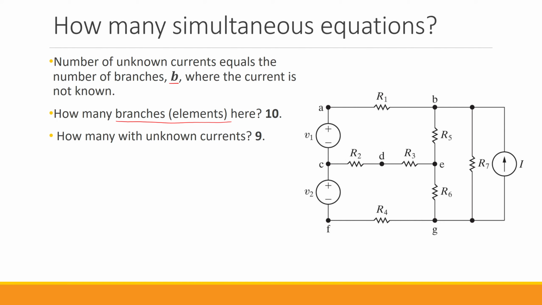Out of these 10 branches or elements, how many of them have unknown currents? The answer is 9, because this independent current source, we already know its current, right? It is I. So that reduces the number of simultaneous equations by 1.